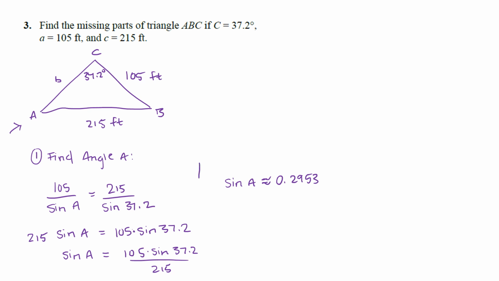Well, sine is positive in the first quadrant and in the second quadrant. So we have two angle measures. So let's take the inverse sine of this value to help us find the reference angle.